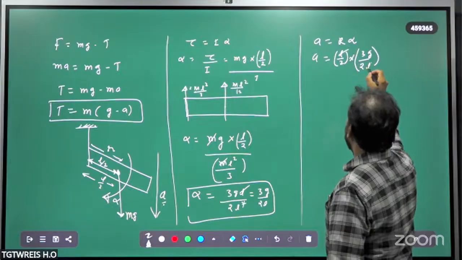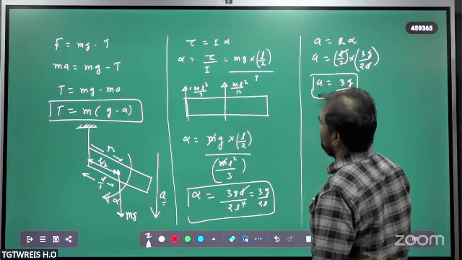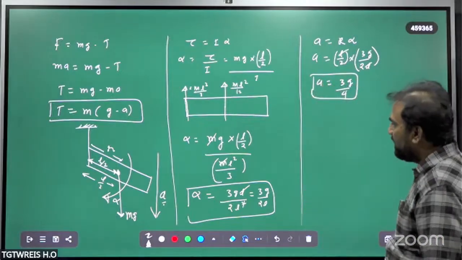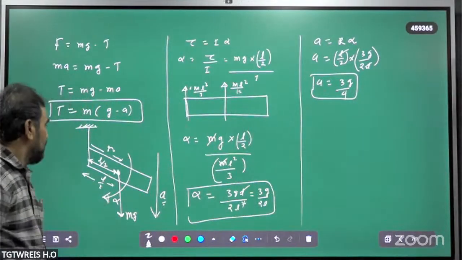So L will get cancelled out. a is equal to 3g upon 4 meter per second square. With this linear acceleration, it will be coming in the downward direction.